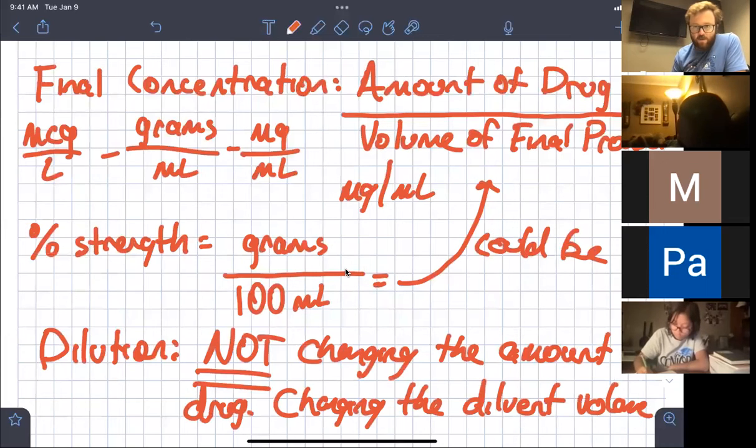Okay. So I'm going to go to the next page here in a second, but dilution, you do not change the drug. You are not adding any. What you're doing is you're changing the volume by adding water or, you know, inactive ingredient. You are not changing the amount of drug.